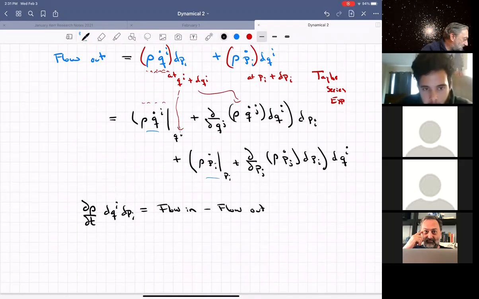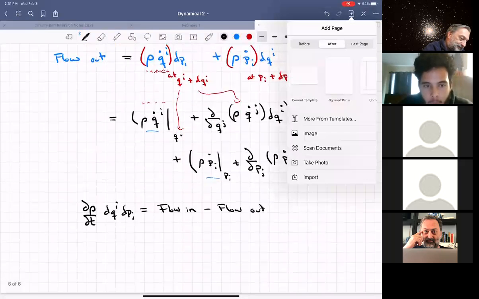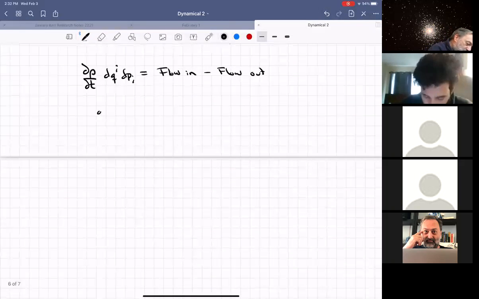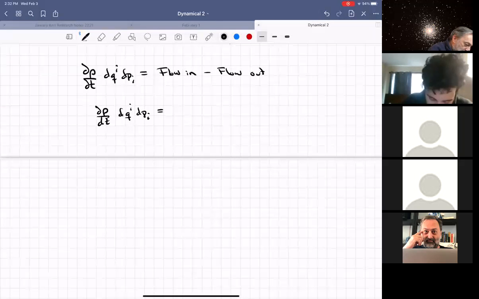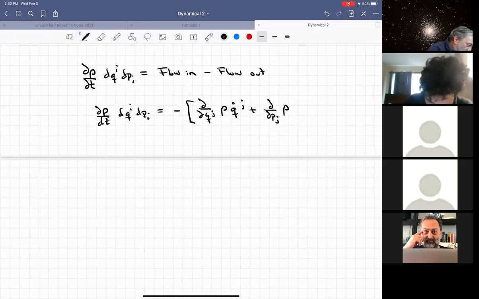Okay, so when I do the subtraction, what I get is d rho dt dqi dpi works out to be minus d by dqj rho q dot j plus d by dpj of rho p dot j, all multiplying dqi dpi.